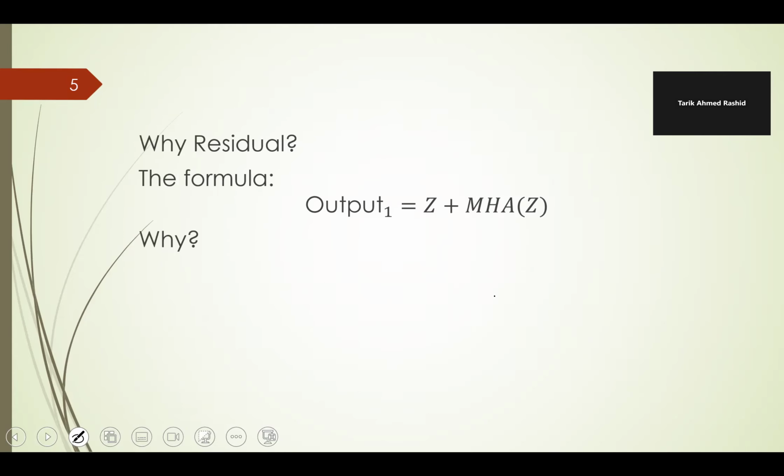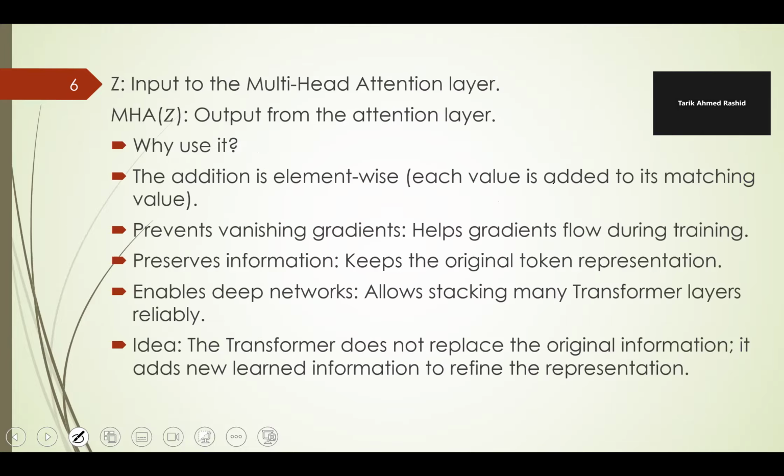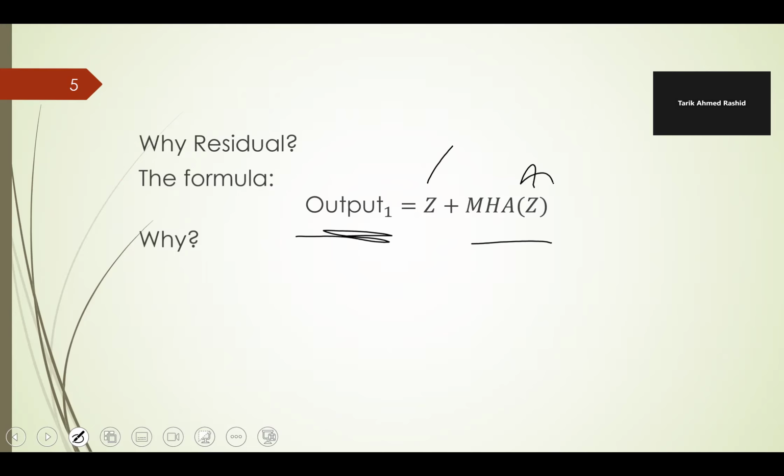So why are we doing this? Why do we get an output whereby Z, the original input, is added to the output of multi-head attention? For many reasons, but the first is that we use an element-wise operation.